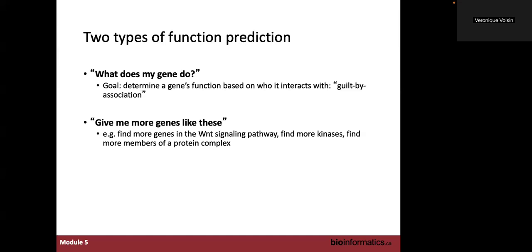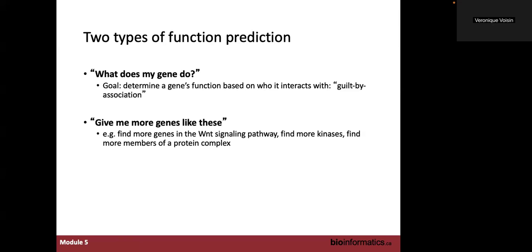So for the first question, what does my gene do? I have one gene. I will try to determine the function of the gene based on who it interacts with, using the guilt by association concept. For the second question, give me more genes like this. How to find more genes in the Wnt signaling pathway, for example.